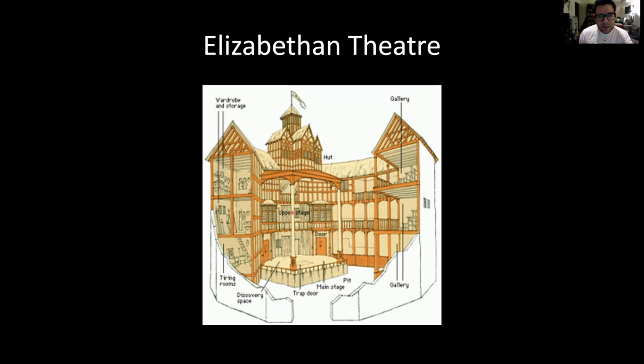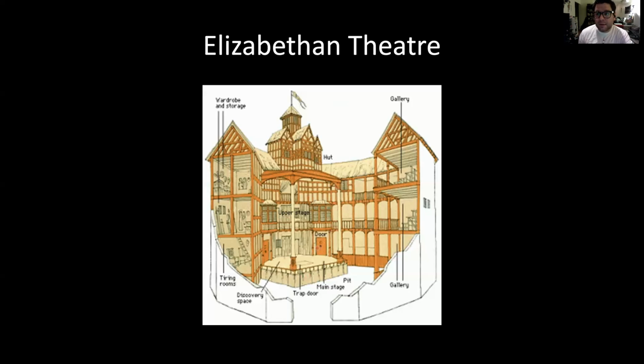Here we have the upper stage. There's just a couple of things. I'm not going to point out every single element in here, but you guys can read for yourselves. You can pause the video if you need to. But the main thing here is sometimes this is referred to as the first proscenium stage, or the first proscenium type stage.